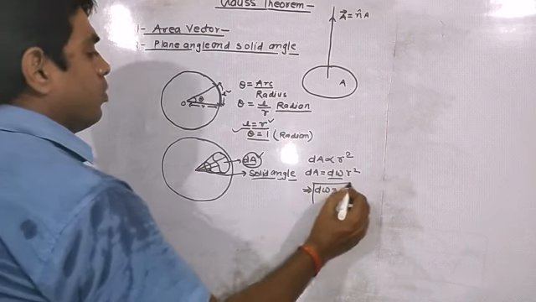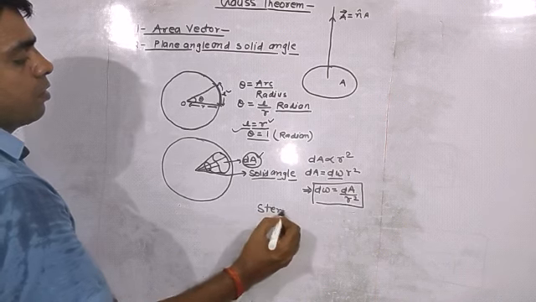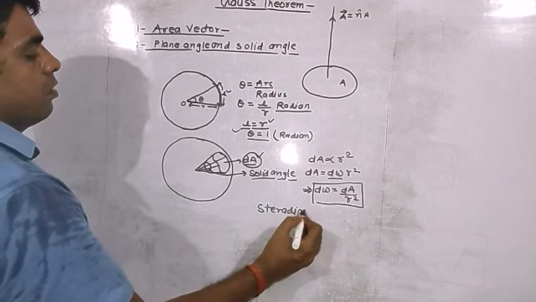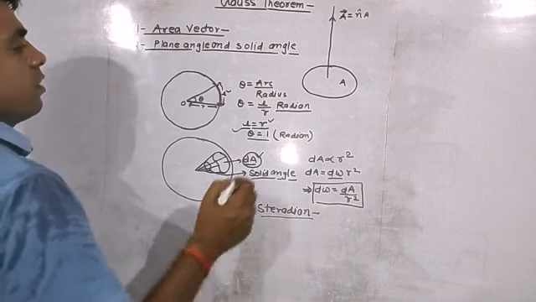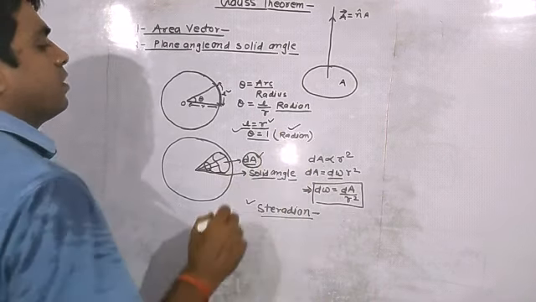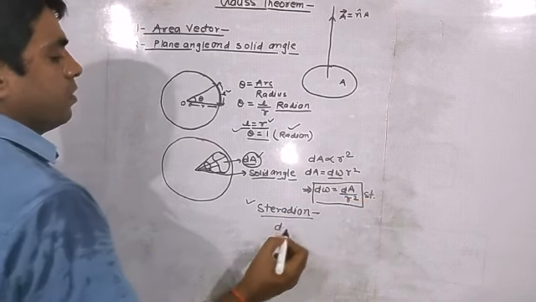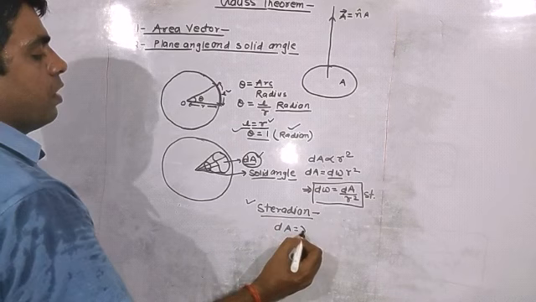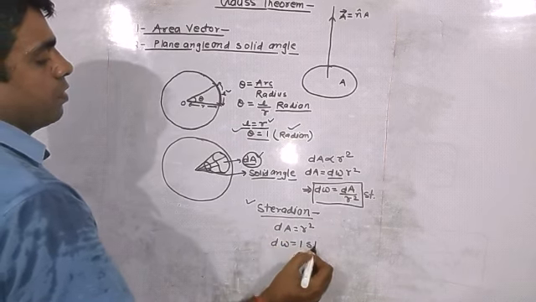And here the solid angle d omega has the unit steradian. So we can define steradian as we have defined radian. Suppose dA is equal to r square, then d omega will be called 1 steradian.